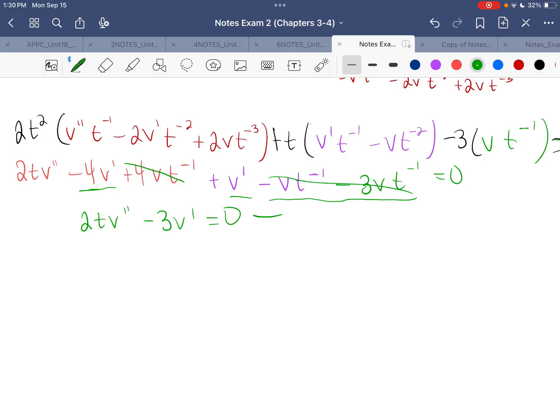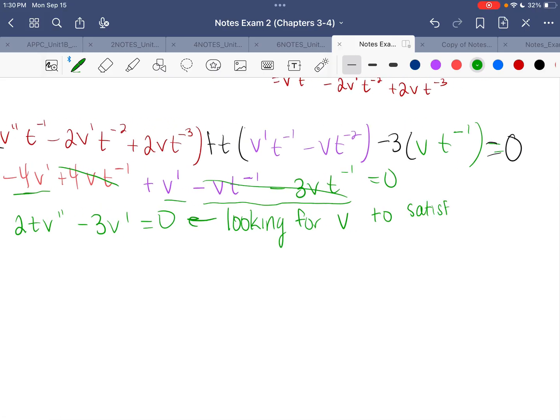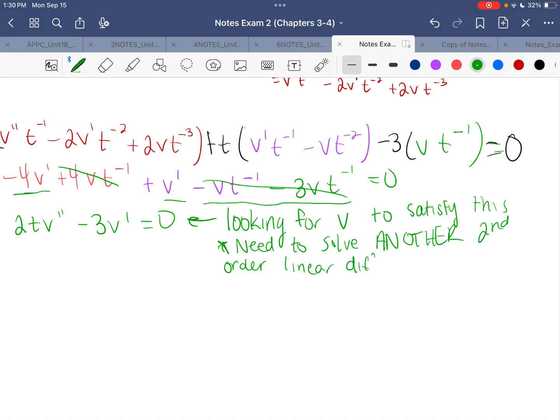We are looking for a v that satisfies this. So that means we need to solve another second order linear differential equation.